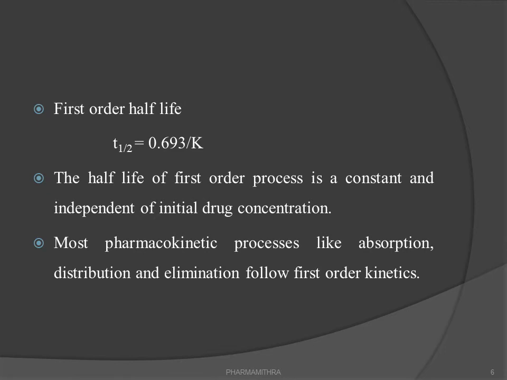The T-half becomes 0.693 divided by K. So the half-life of a first order process is a constant and it is independent of initial drug concentration, because if you look into the equation, T-half is equal to 0.693 by K. Here there is no concentration term, so the half-life of a first order process is independent of the initial drug concentration. The examples include absorption, distribution and elimination, all of which follow first order kinetics.